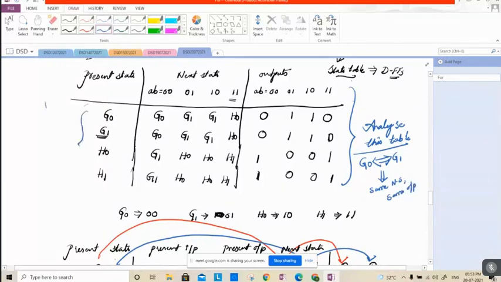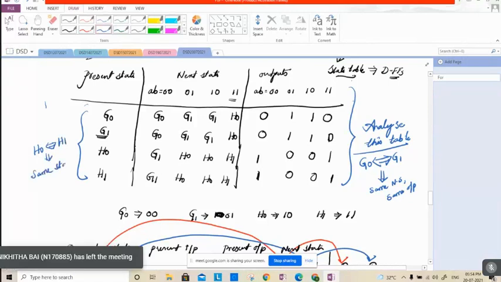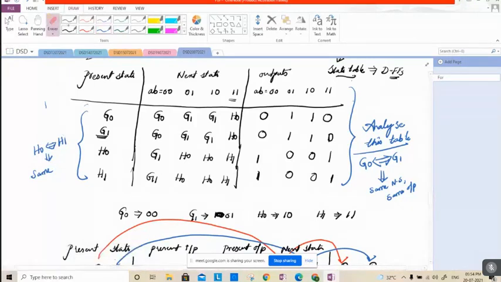And similarly, H0 and H1, they are getting the same next state and the same output.